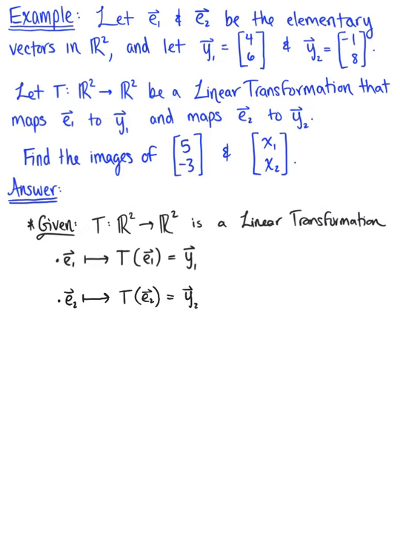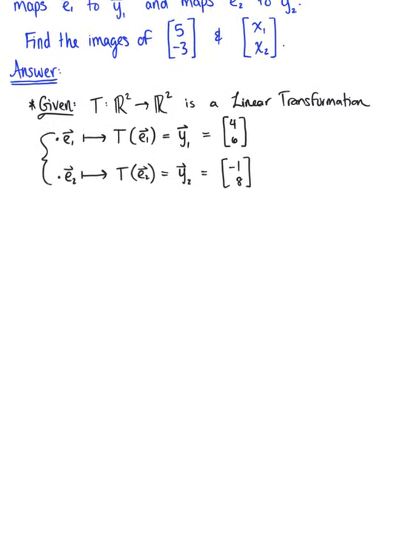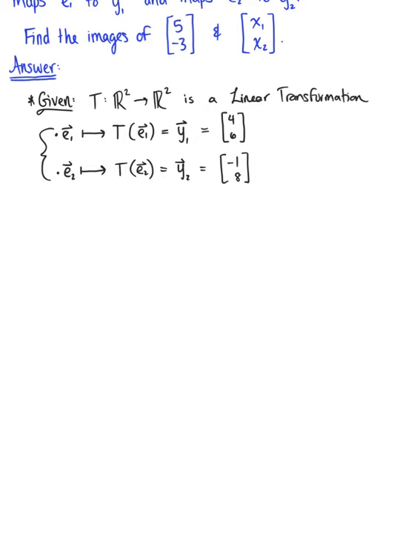And now we're given specific values for these two y vectors. y sub 1 is defined as the vector (4, 6), and the vector y sub 2 is defined by the components (-1, 8). So this is what we're given, and this is going to be important to keep in mind as we proceed. Now, we want to find two things.